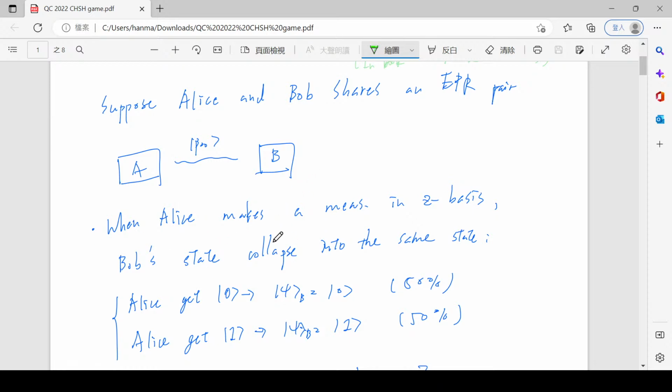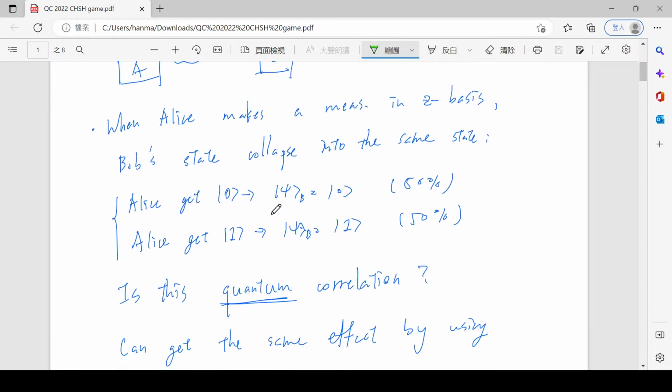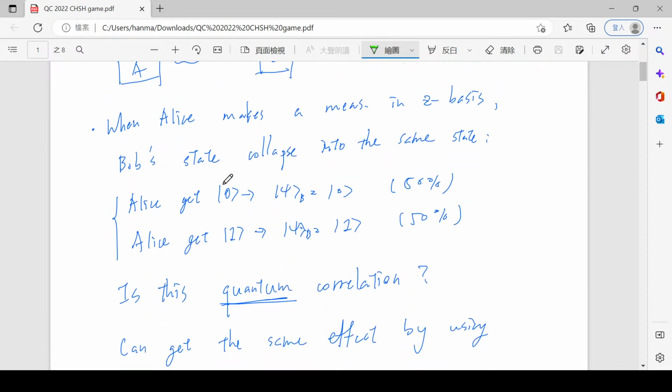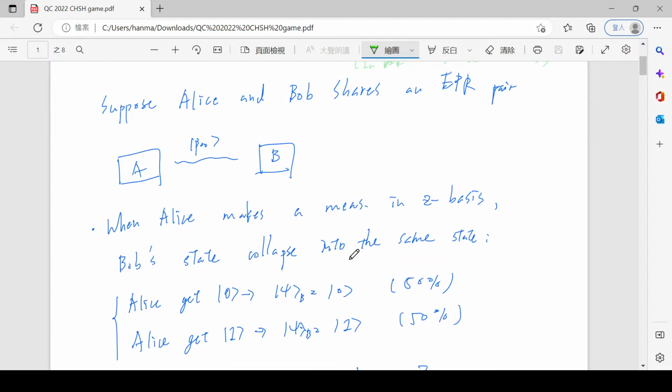Then Bob's state collapses faster than the speed of light, right? That's really weird. When Alice measures in the z basis and gets 0, instantaneously Bob's state will also collapse into 0, even though Alice and Bob may be physically really far away.